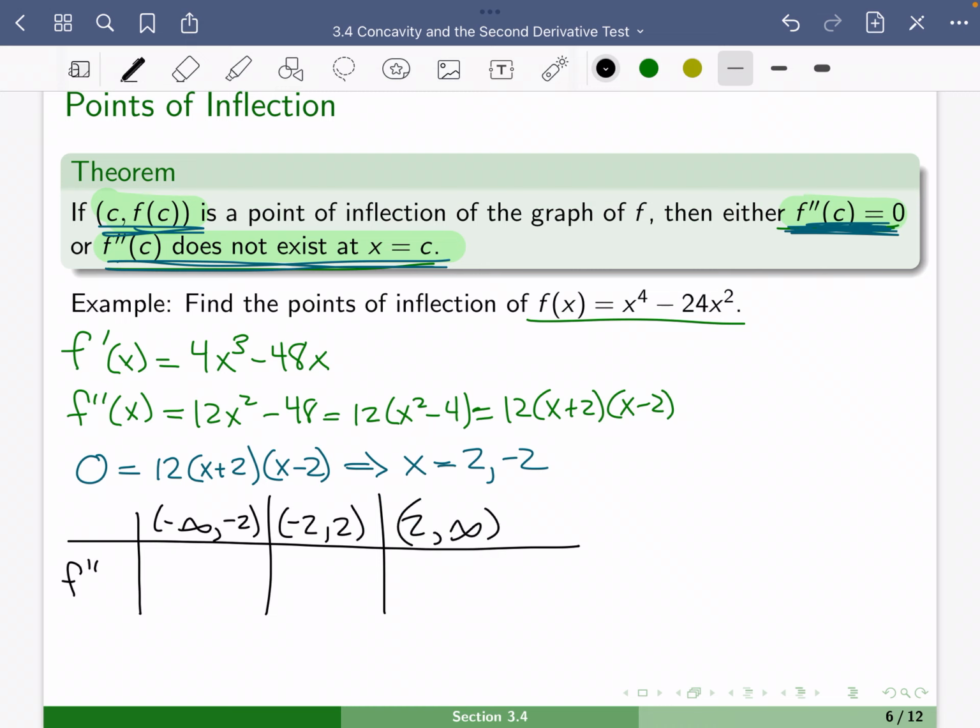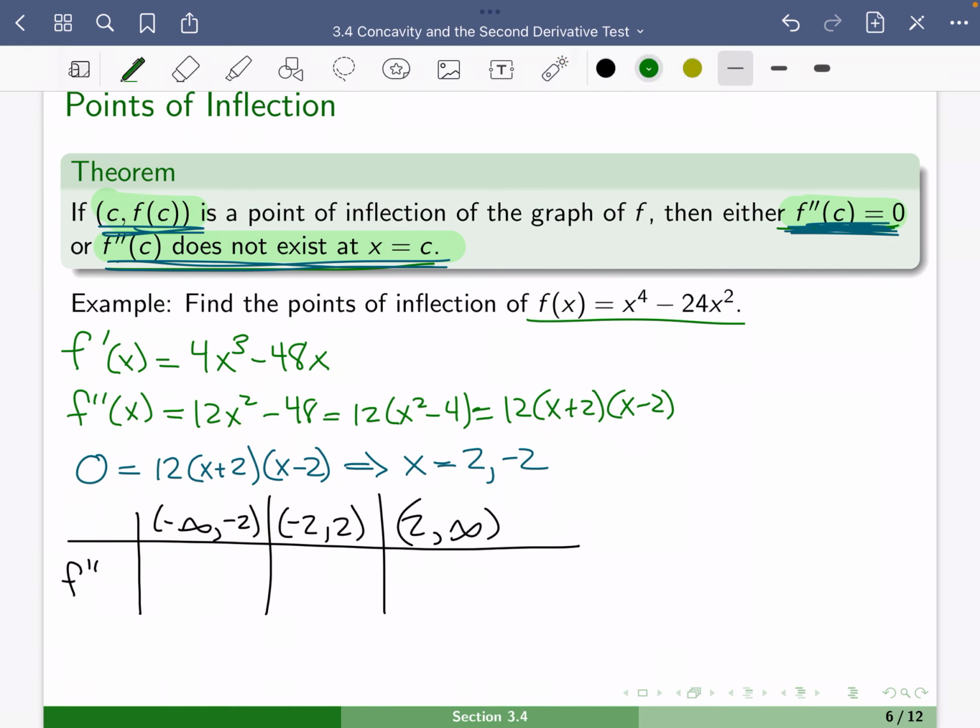We're going to think about what the sign of the second derivative is. For values between negative infinity and negative 2, we can plug some value into one of these representations of our second derivative. You could pick negative 3, negative 10, negative pi, negative 10 million. Just pick some value in this interval, plug it into your second derivative, and see if it is positive or negative.